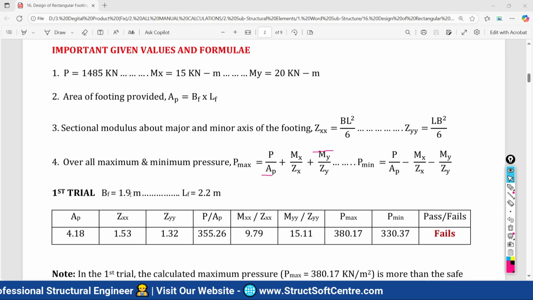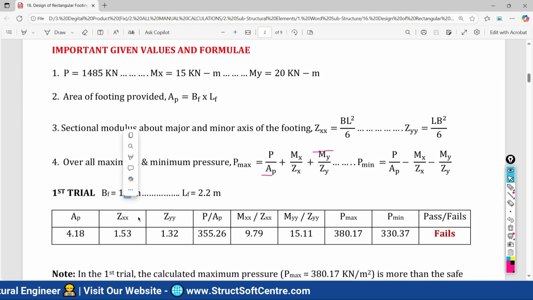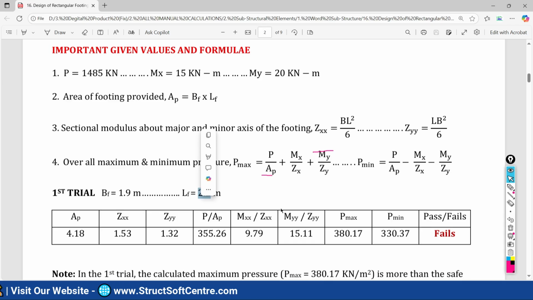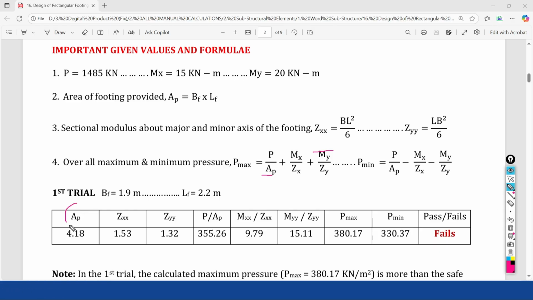Now we have to check whether this width and length of the footing is safe or not when we consider the moment as well. So the formula is what? Area of the footing is width multiplied by length. If you multiply 1.9 with 2.2, you will get the area of the footing as 4.18.